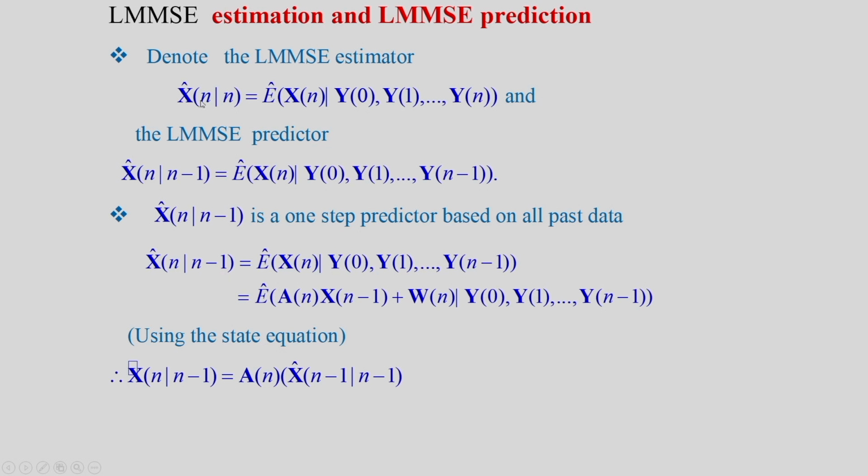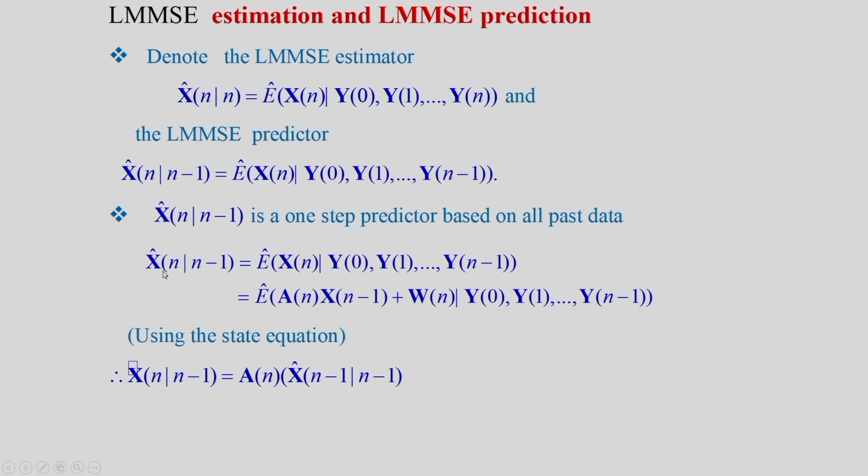Therefore, x hat n given n is E hat of xn given all the data up to the present, y0, y1 up to yn. And the linear minimum mean square error predictor is given by x hat n given n minus 1, data up to n minus 1. So, it is E hat of xn given y0, y1 up to yn minus 1. Therefore, this is a one step predictor based on all the past data.